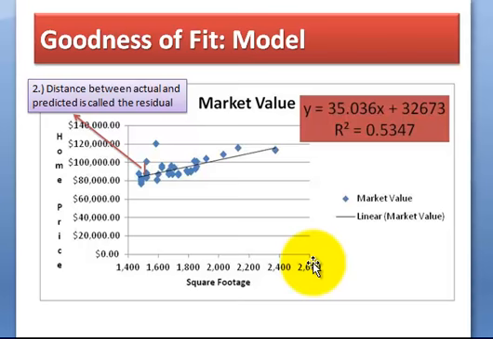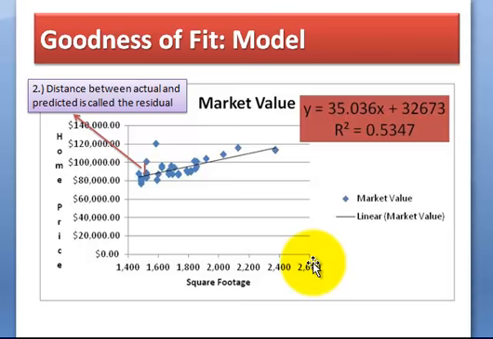Now, let's think for a minute. The smaller those residuals, or the smaller the difference between what we predicted and what actually happened, the better our model. So we can actually do some analysis here on how good a model we have by doing an analysis of the residuals. The smaller the residuals, the better our model.